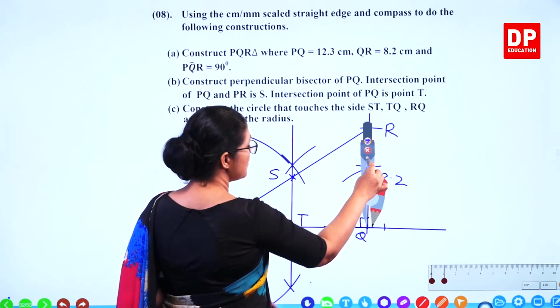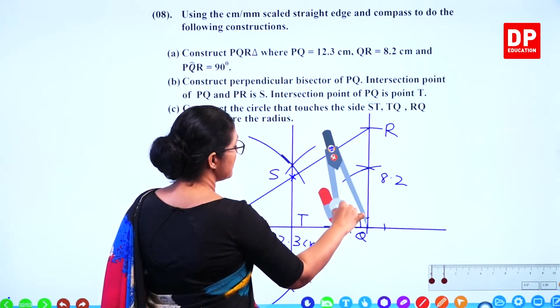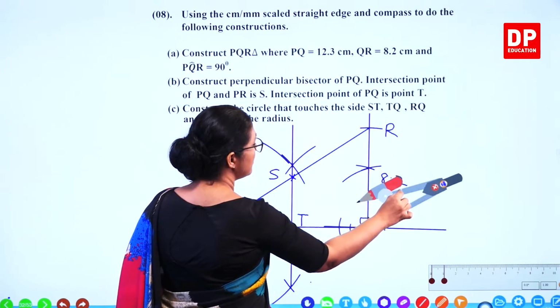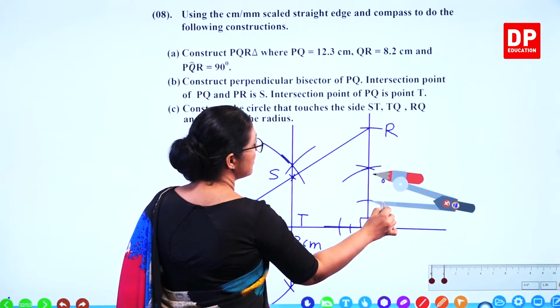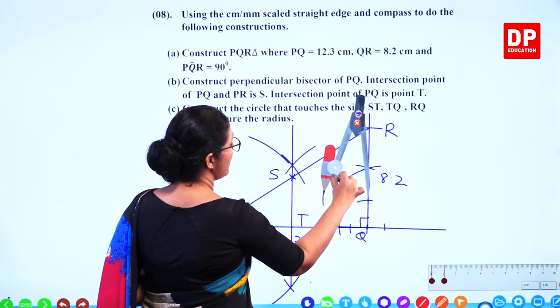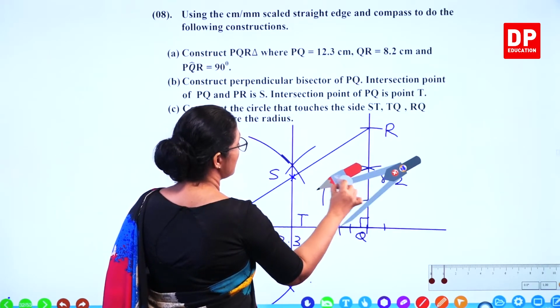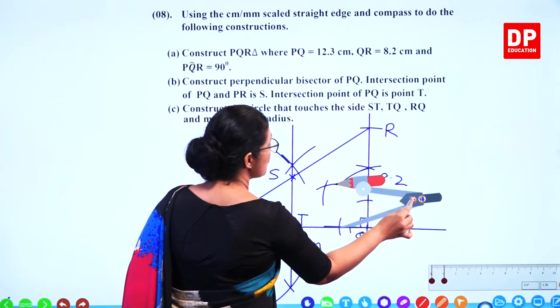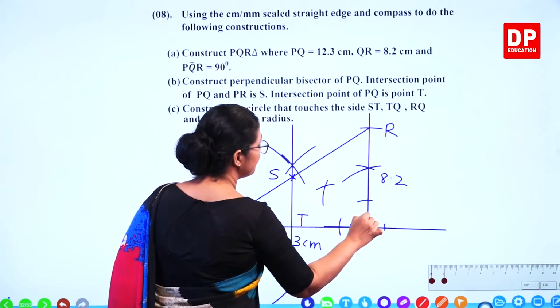So we'll divide this one. Take any distance, draw an arc here, and then take another distance here and draw an arc here. So you can draw the angle bisector.